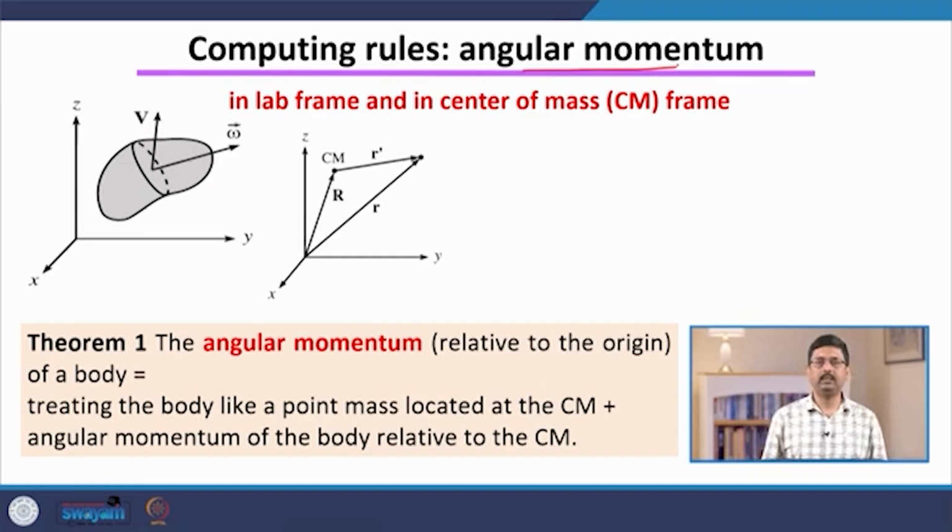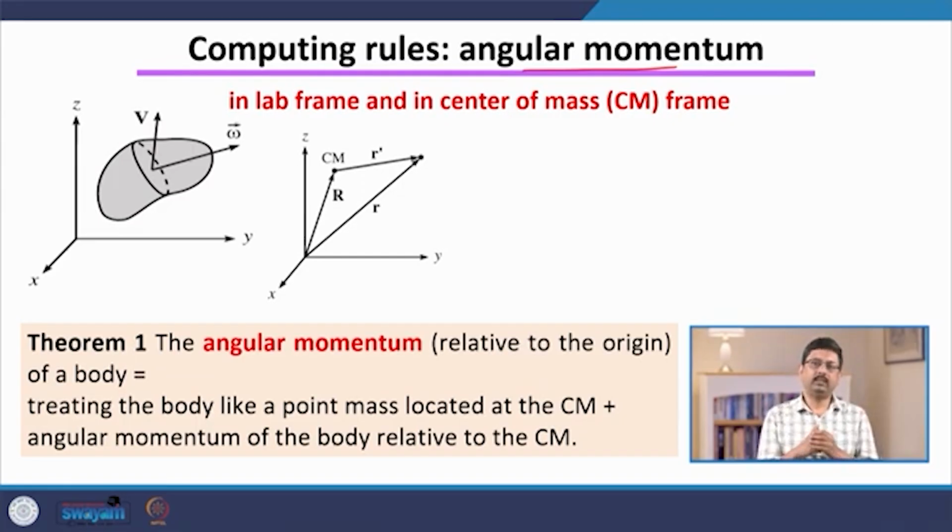Again, this is the same strategy we are going to use. This object is moving and its angular momentum will have two pieces. We want to compute the angular momentum in the laboratory frame, the lab frame.